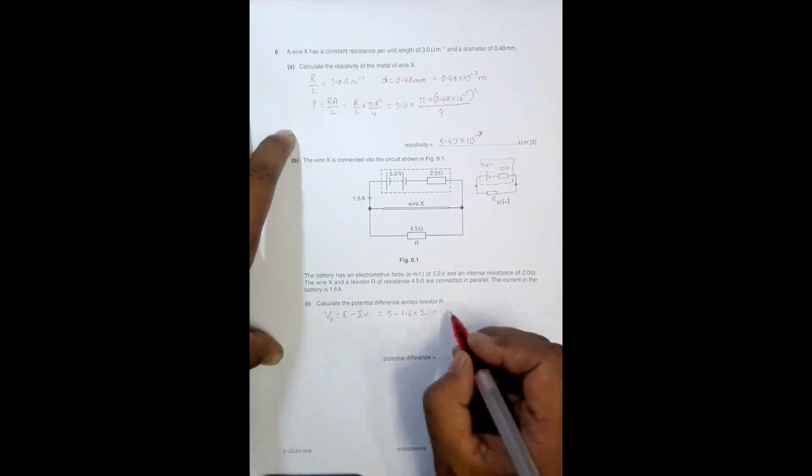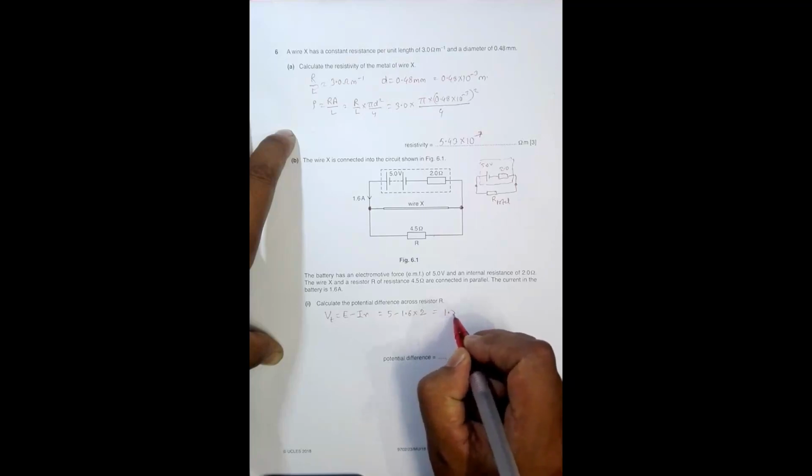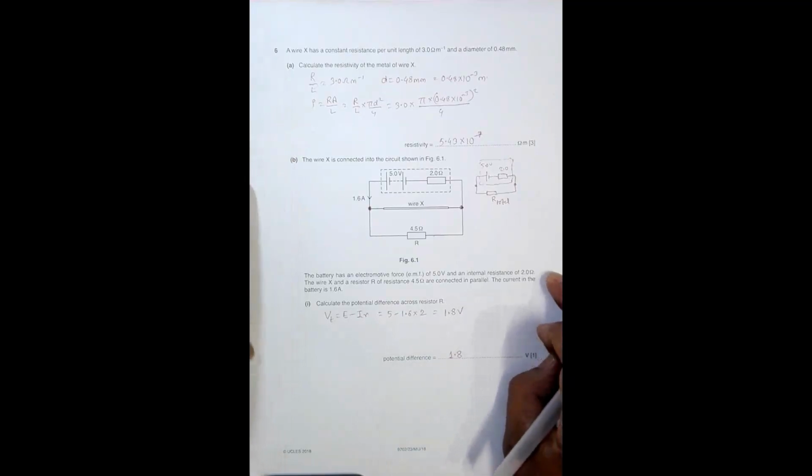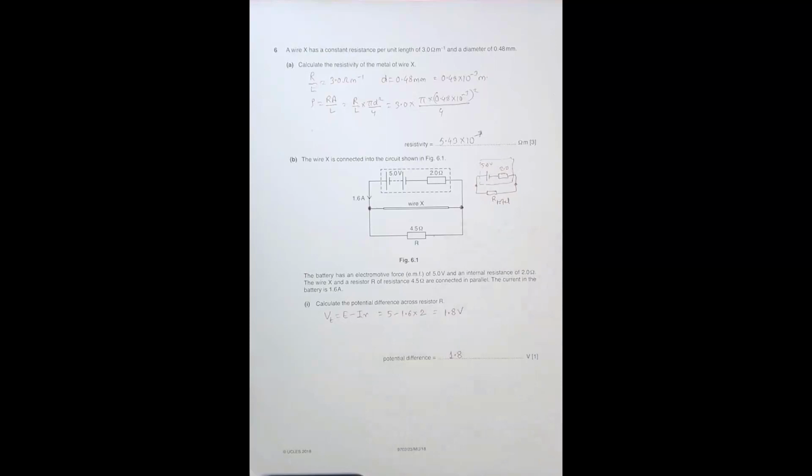So this will give us 5 minus 1.6 into 2 equal to 1.8 volt. The potential difference is equal to 1.8 volt.